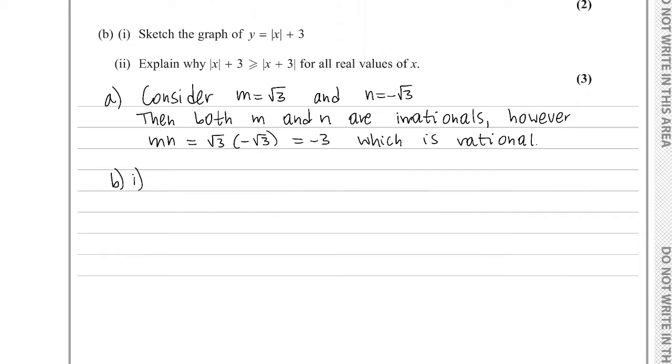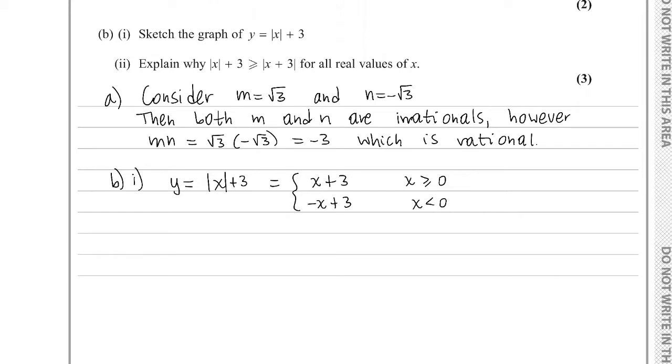It's making positive whatever I throw into it. So y is the modulus of x plus 3 will just output x plus 3 if I inputted something non-negative, and it will output minus x plus 3 if x was negative.